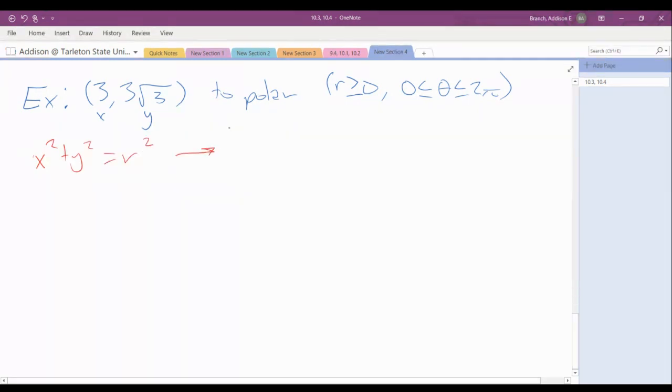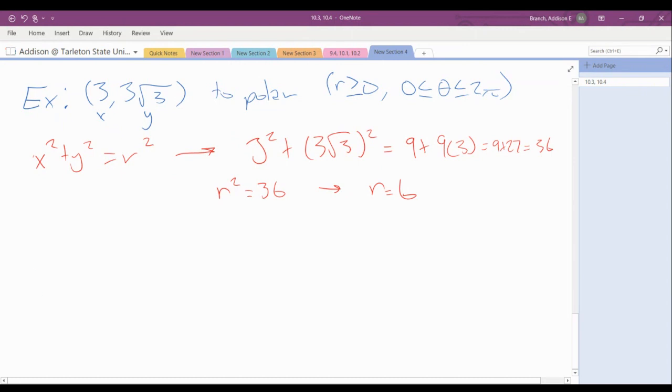So we can just plug in our points. We have 3 squared plus 3 square root of 3, squared, which is 9 plus 9 times 3. So that's 9 plus 27, which is 36. Therefore r squared is 36, so r is 6.